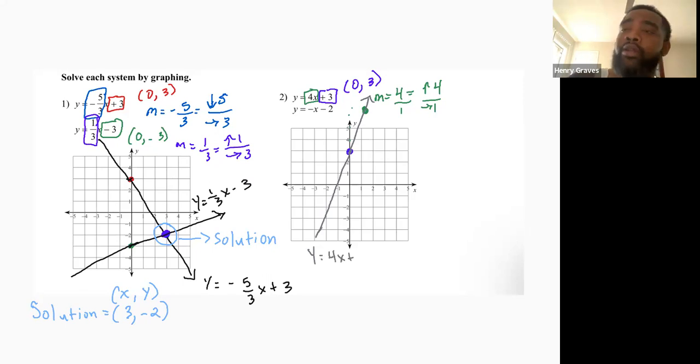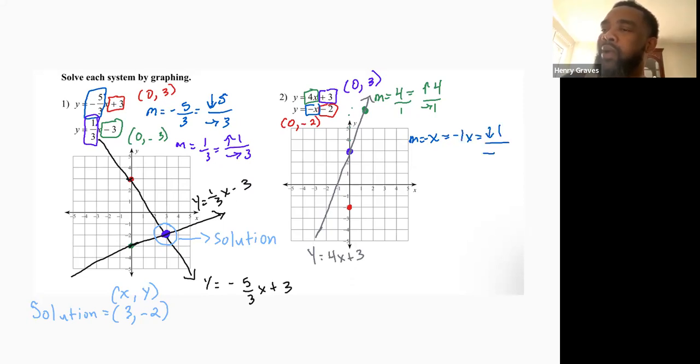Now I'm going to start graphing this one here. I'm going to start at (0, -2), down here. I don't know who's blowing that horn like crazy. So my m is equal to -x, which is the same as -1x. That means I'm going to go down 1 and to the right 1. So from the blue to the red dot, I'm going to go down 1 and right 1.